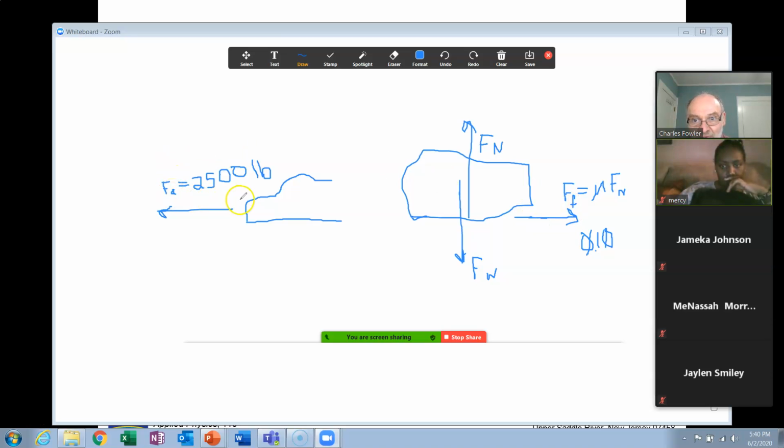That's 2,500. So this has to equal 0.10. I will put this 0 because it's a significant 0, times the normal force. Well, the normal force is also the weight of the truck, and that's what we're looking for right here.